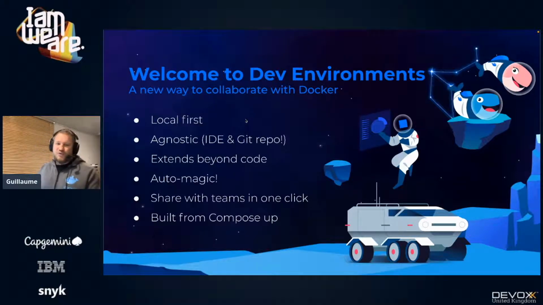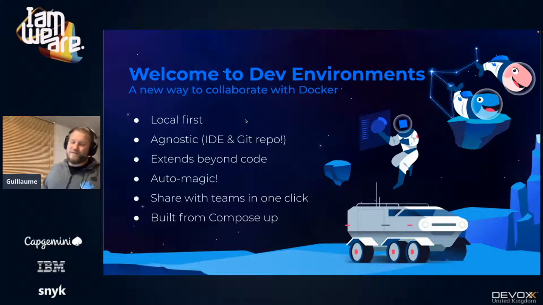So we try to work local first. There is a lot of awesome technology existing to work with Git repos in the cloud, such as Gitpod, Codespaces. There is also some stuff with Eclipse, but we want to keep the experience local first.